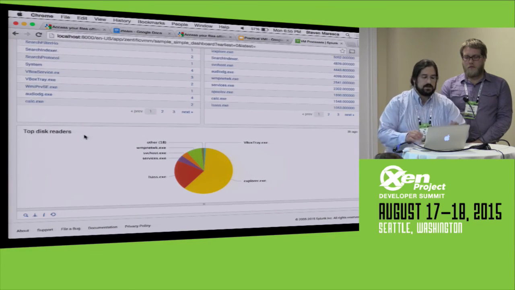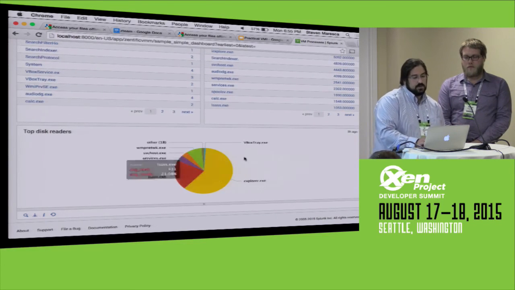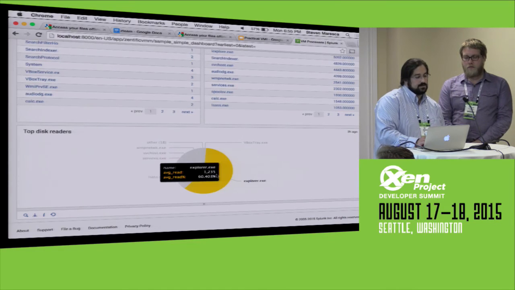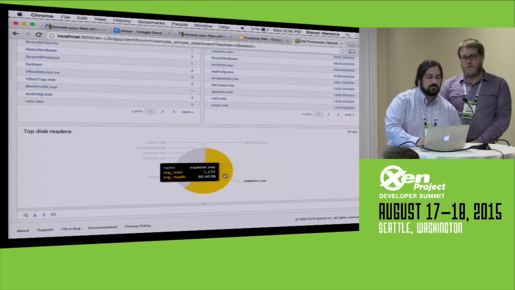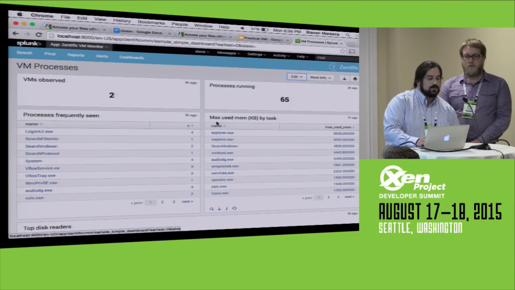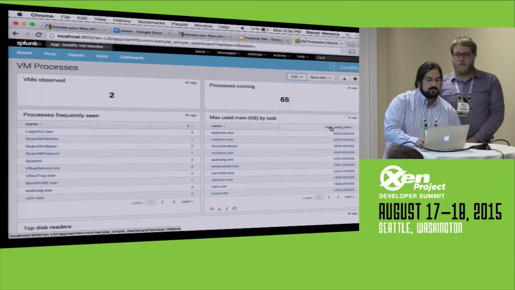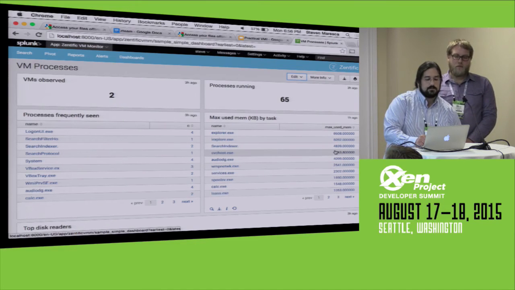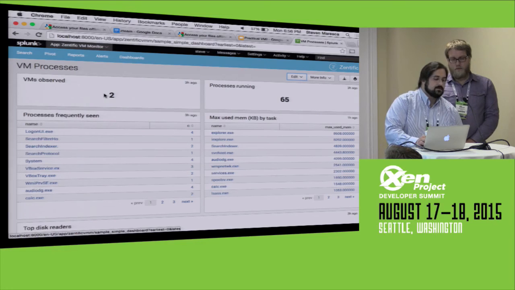Perf information taken out of the virtual machine shows that these are the top readers of disk in this example. Average read of a meg or so for Explorer. Memory consumption by these processes sorted by top to bottom. Processes frequently seen, number of virtual machines being observed.